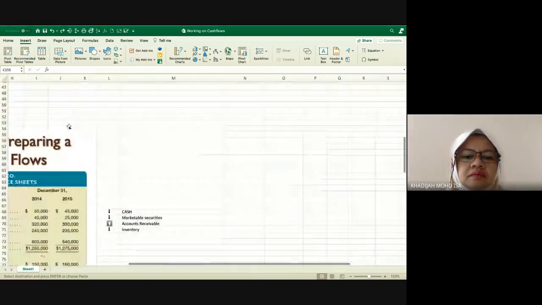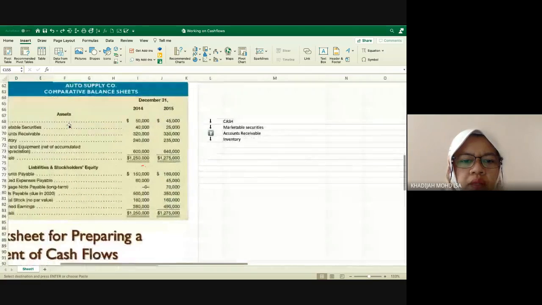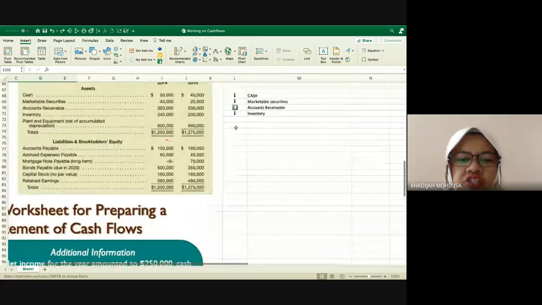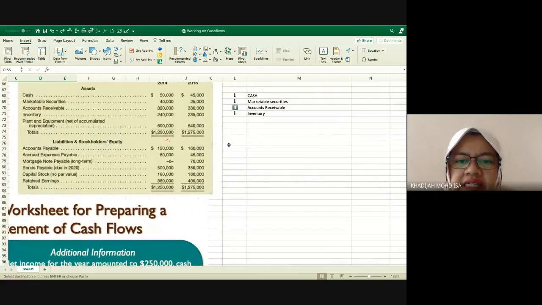Okay, never mind. Alright, similarly, you do it for your accounts payable, there's an increase of 10,000. Alright, and then accrued expenses decrease by 15,000. And then those are the only two current liabilities that you have.